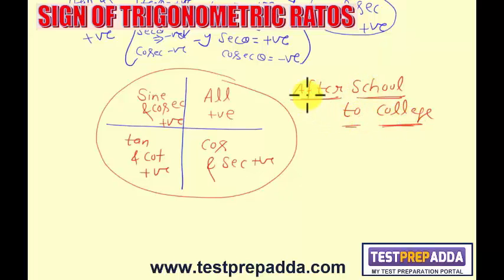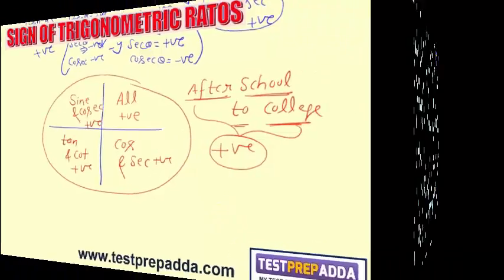After school to college. A for all, first quadrant. S for sine and its reciprocal cosec. T for tan and its reciprocal cot. C for cos and reciprocal sec. These will be positive trigonometric ratios. Okay?